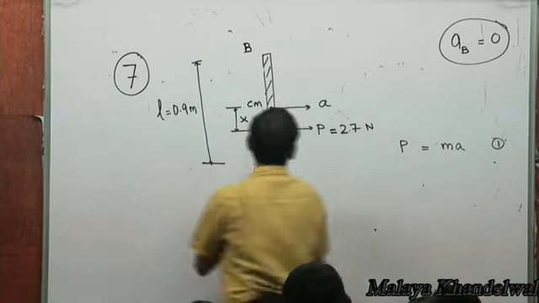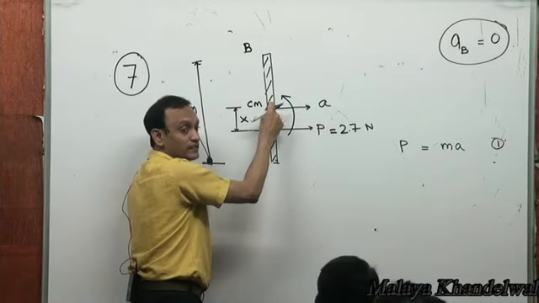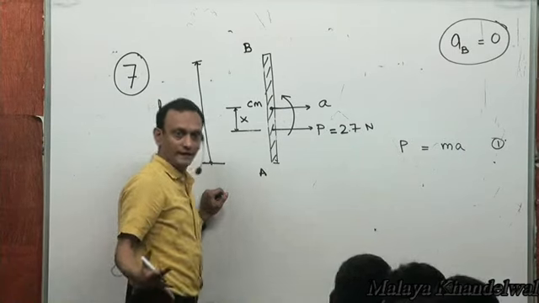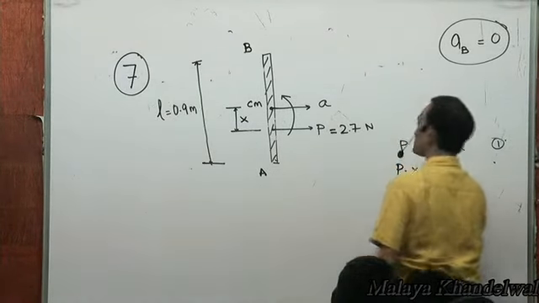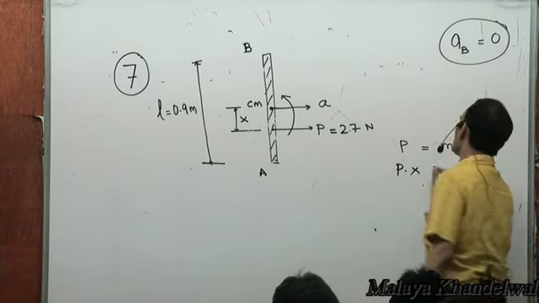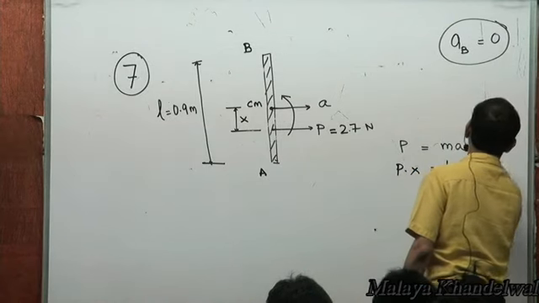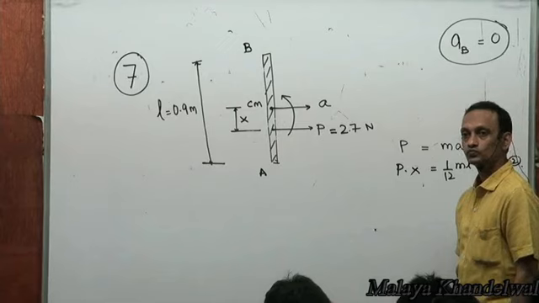It produces an alpha, because about the center of mass there is a torque P into x acting. That must be I about the center of mass into alpha. So the torque equation, P into x, must be I about the center of mass, which is 1/12 ml squared, into angular acceleration alpha. Yes or no?